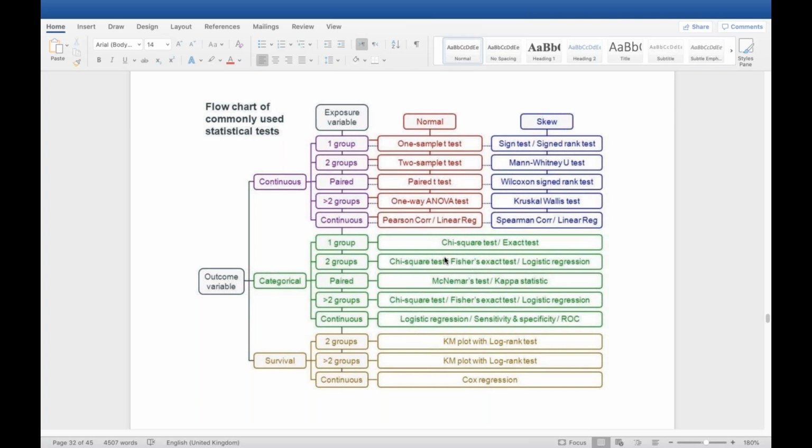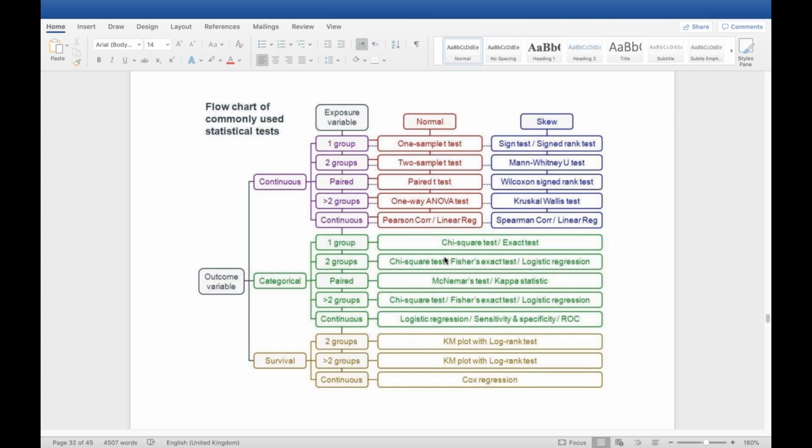Unless you have done a statistics course, or you've done a lot of studies and a lot of statistical analysis, you will not remember them. Okay, it's not easy. It is confusing, and my solution myself was to keep this photo on my mobile and have a look at it before I started my exam.